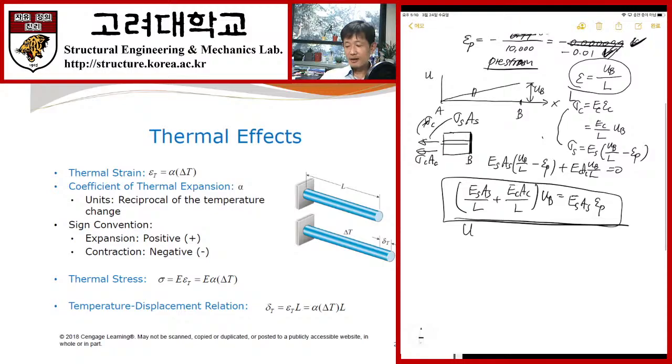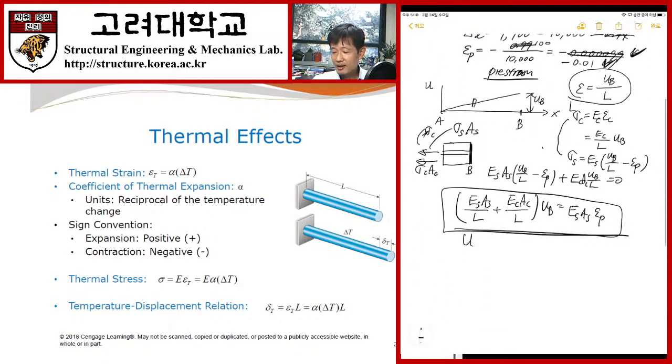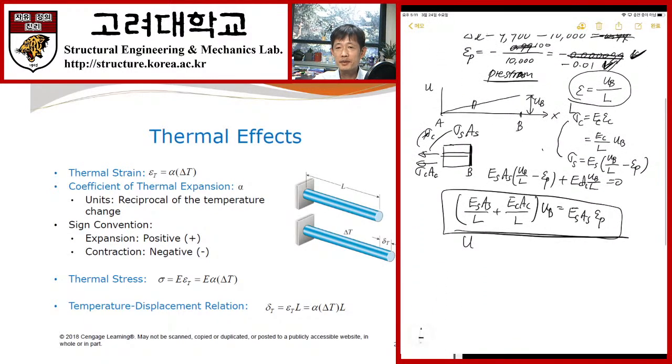Okay, here is how you can calculate the displacement caused by the pre-strain. Actually, pre-strain technology is widely used in civil engineering applications. I wonder if you have ever heard about pre-stressing concrete technology, PSC concrete.